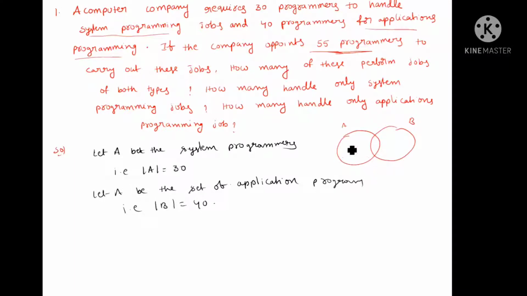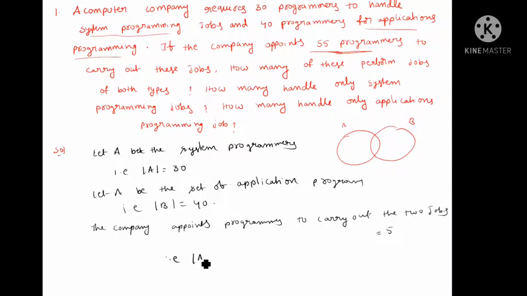That is nothing but A union B. The company appoints programmers to carry out the two types of jobs, which equals 55. That is mod A union B equals 55.